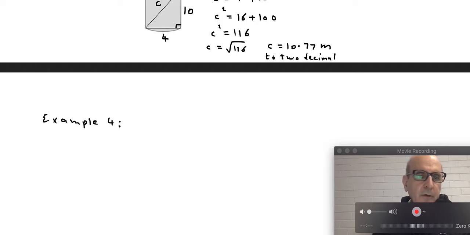So I'm going to have a rectangular prism.